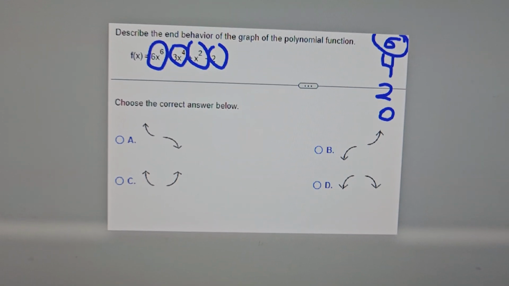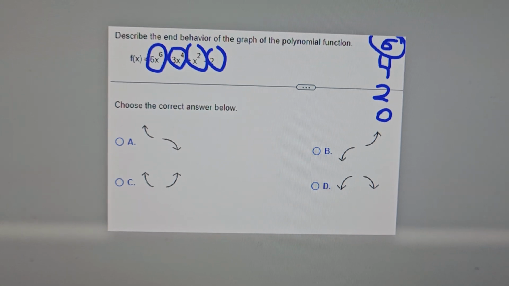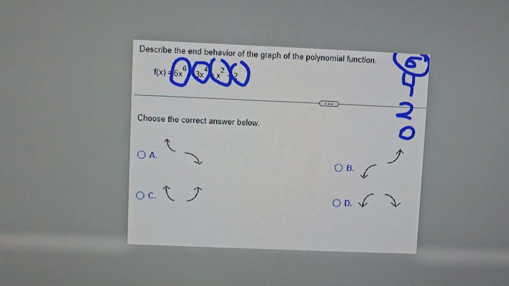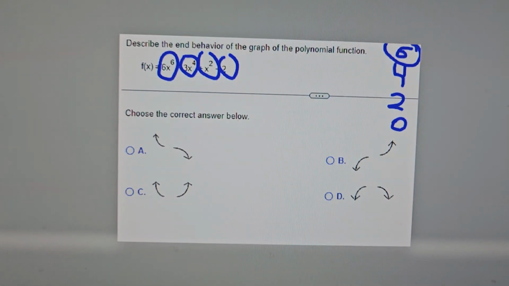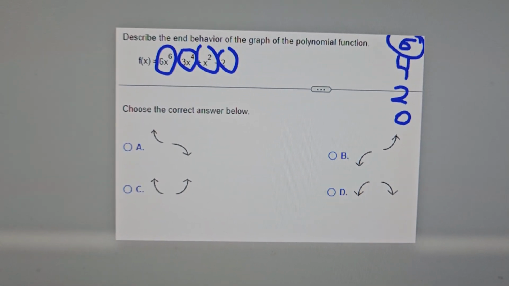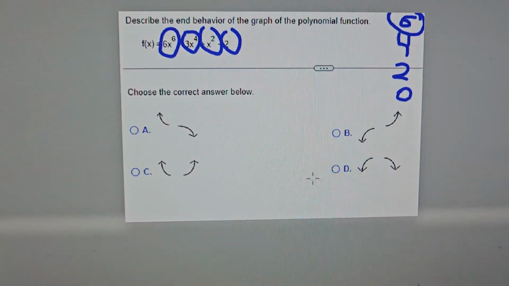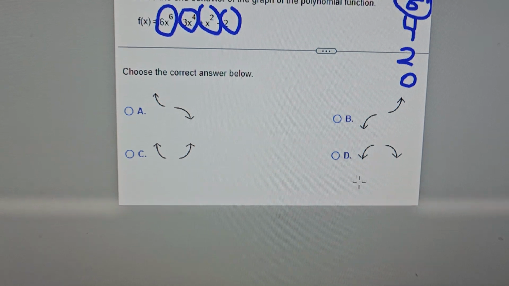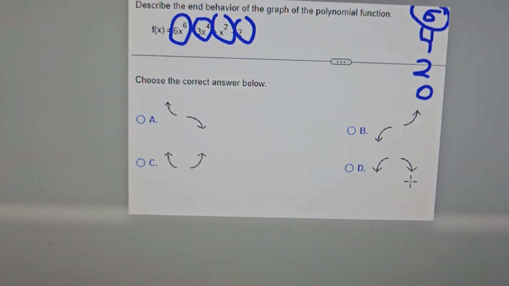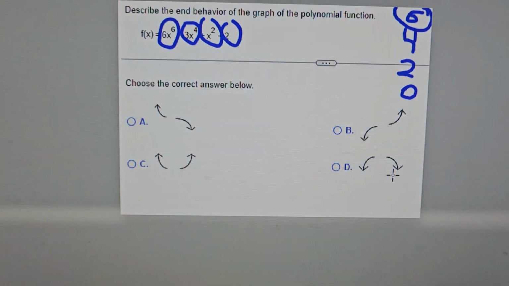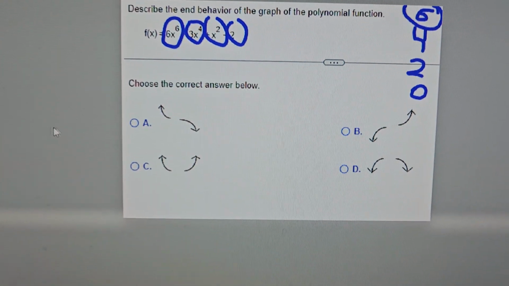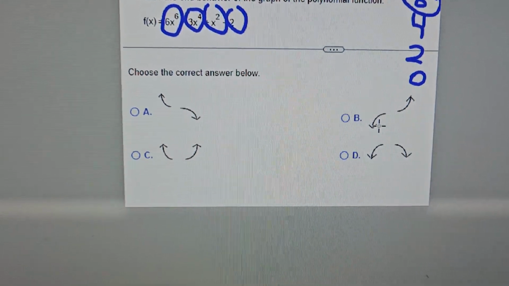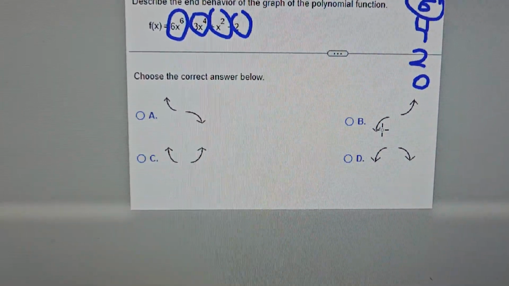That's the degree. And what the degree is going to determine is whether or not the end behavior of the graph is going to be in the same direction, which is very important. So it's going to determine whether they're going to diverge like this or they're going to go in the same direction like this. And the way this is done is if the degree is even, and in this case the degree is 6, an even number, it's going to go in the same direction.